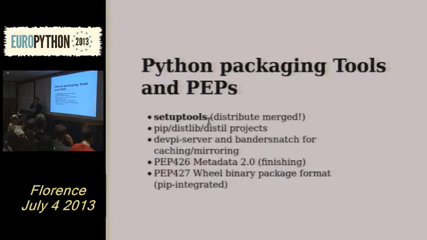So the building of packages is probably also for the foreseeable future going to be driven by setup.py still, because there's just so many things that relate to what people do in setup.py for their builds. It's not so easy actually to get this into one declarative metadata approach. You can read that in the PEP, and it's still being worked on. It's not completely finished, but I think it's very nicely moving forward.